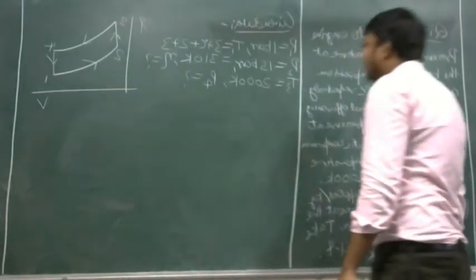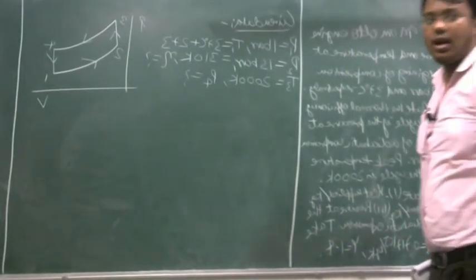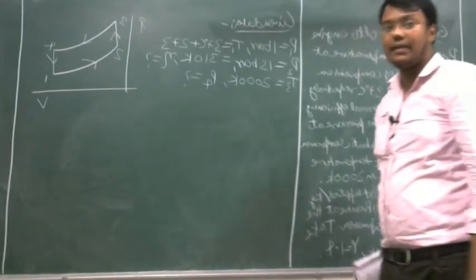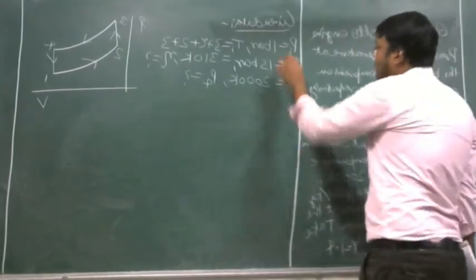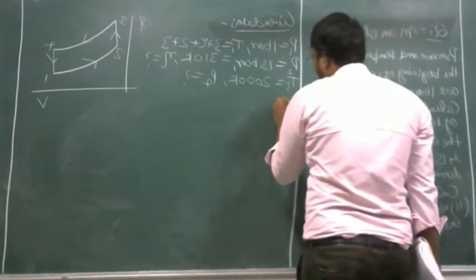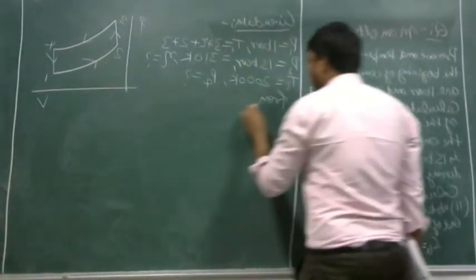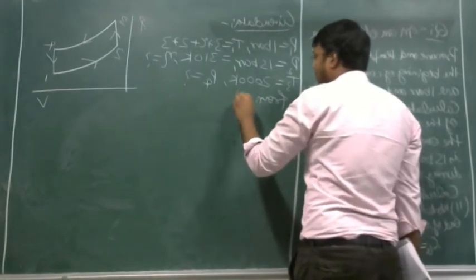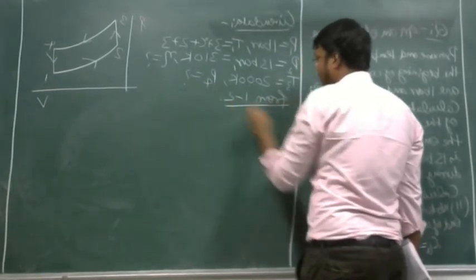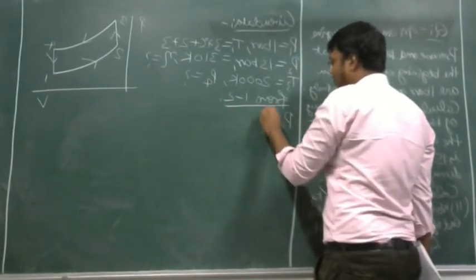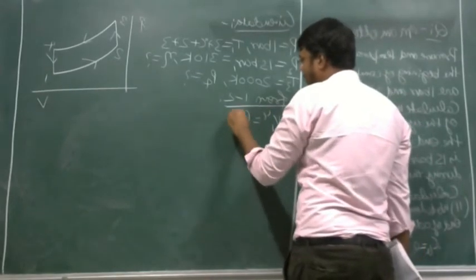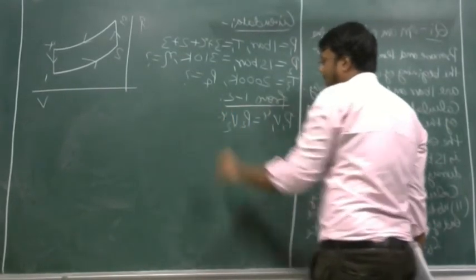So first we will find the efficiency. For efficiency we need the compression ratio r, which we can get from P1 and P2. You know the general formula: from point 1 to 2, the general equation will be P1 V1 to the power gamma equal to P2 V2 to the power gamma.